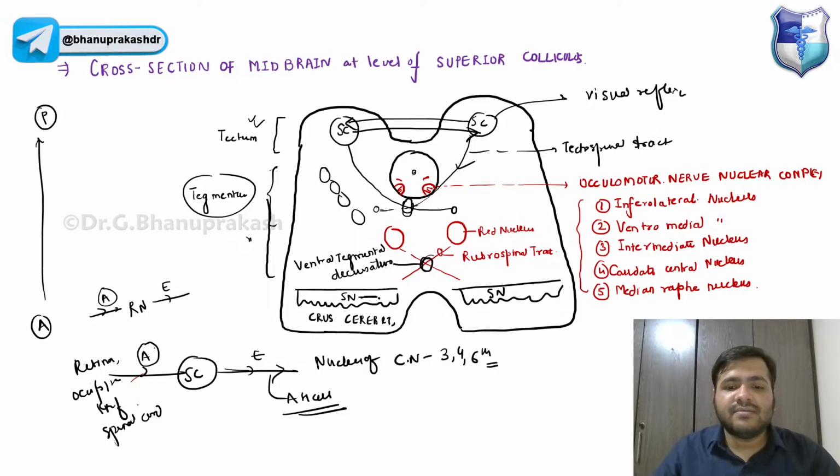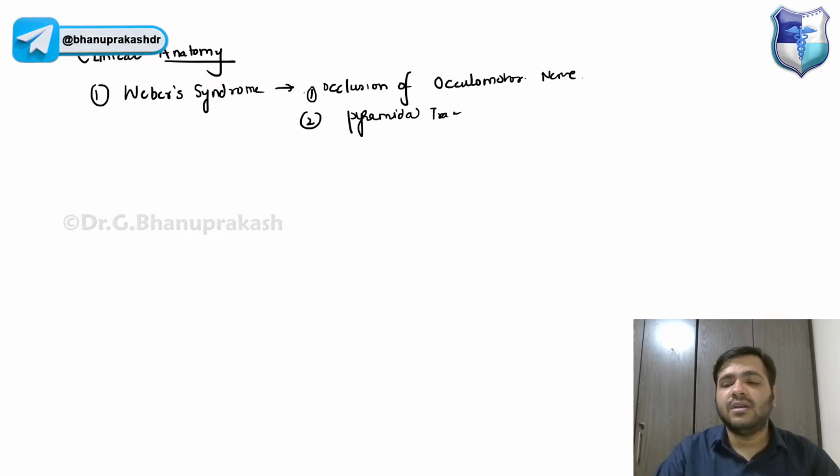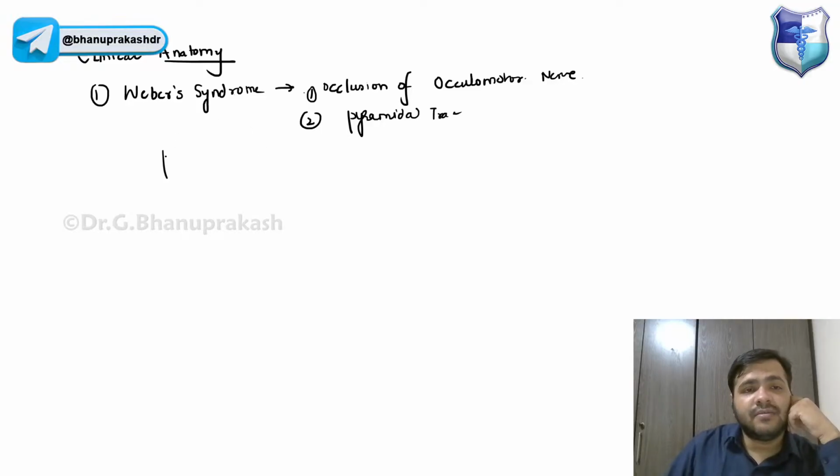So remember, guys, what will be the symptoms if the oculomotor nerve is occluded? Because they are supplying the levator palpebrae superioris, what will happen if there is paralysis of levator palpebrae superioris?